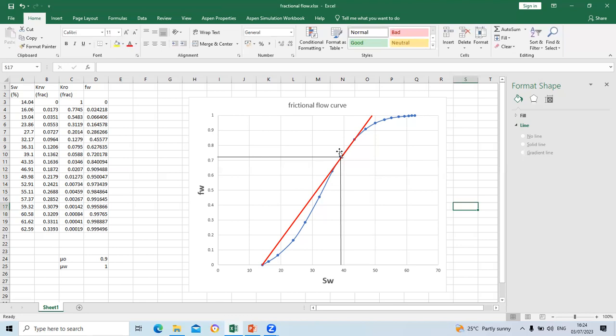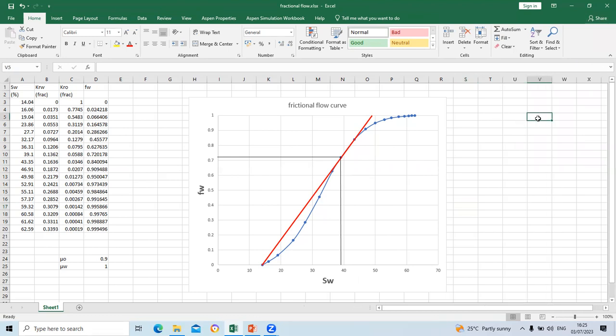So if I pick this point exactly, if I put my mouse there, since it's a point that is plotted, the water saturation at that point is 39.1. That's 39.1. So at breakthrough, the frontal water saturation at breakthrough. So we'll just put breakthrough analysis.